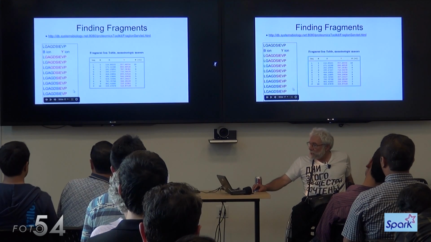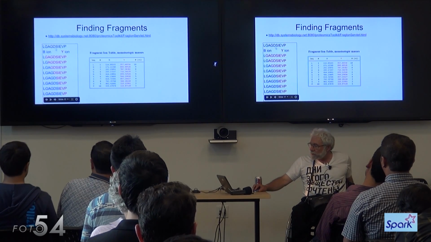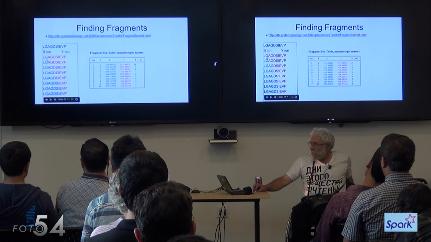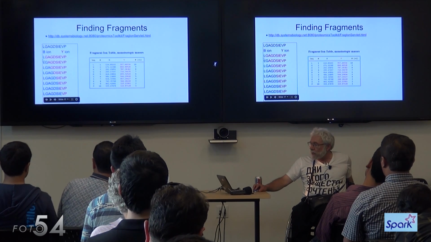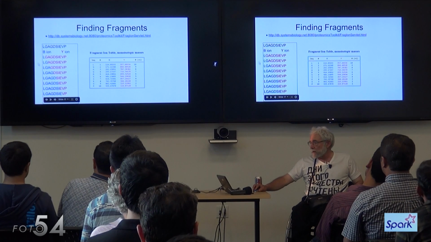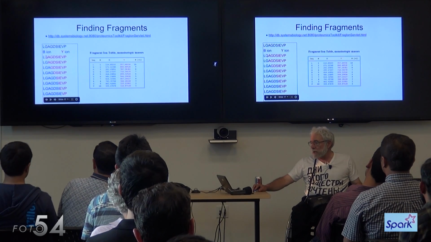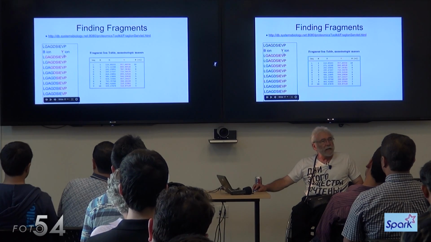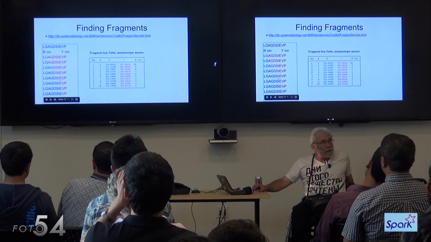Oh, fragments. So anyway, you have a peptide like this. And this is 10 amino acids. And it can break at a series of different bonds. So it can break at the first bond, the second bond, the third bond, yielding 2 sides. The left side is a B ion and the right side is a Y ion.